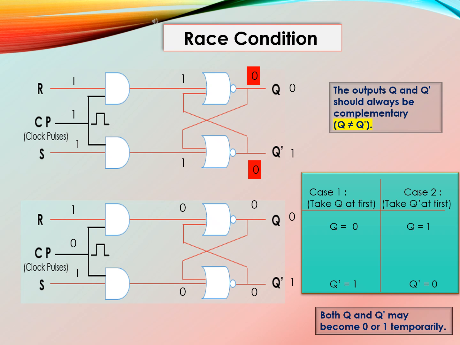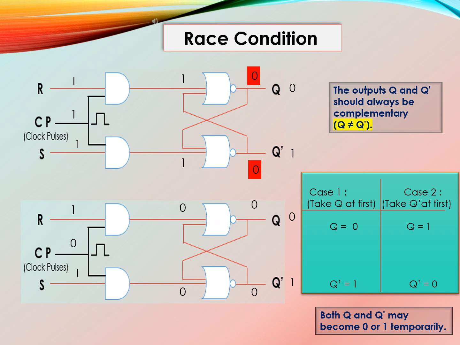Now we understand what is happening. If we see the first diagram, R, S and clock pulse are 1, and Q and Q prime are not complements. This means Q and Q prime are 0, but this is not an invalid position.